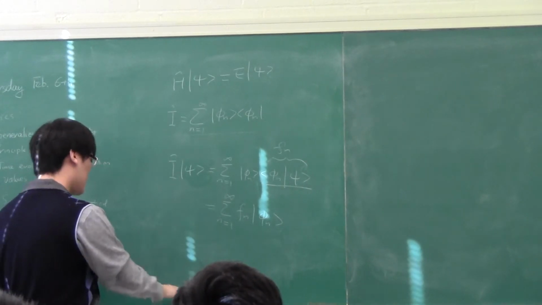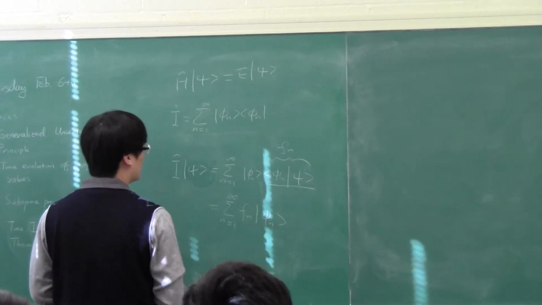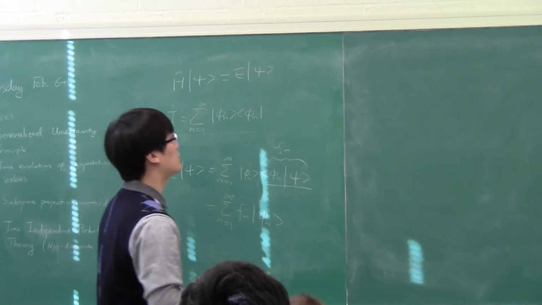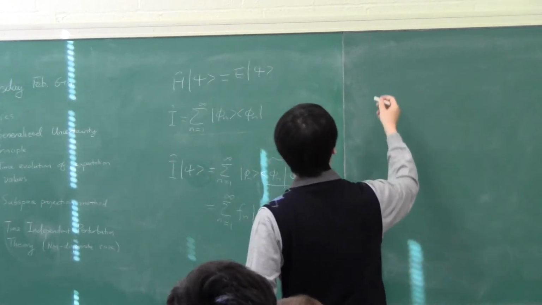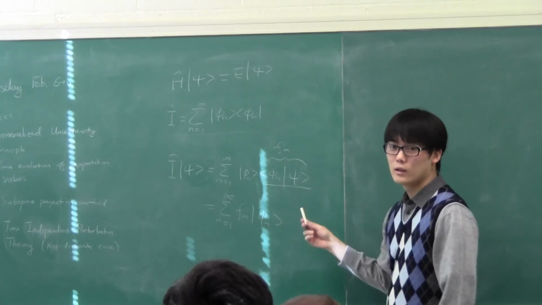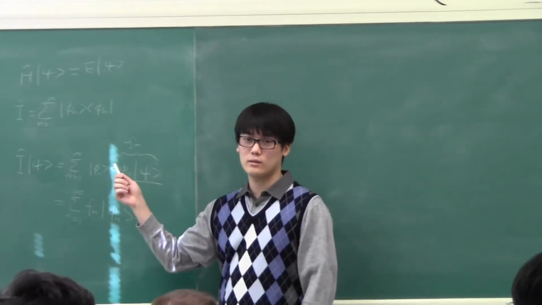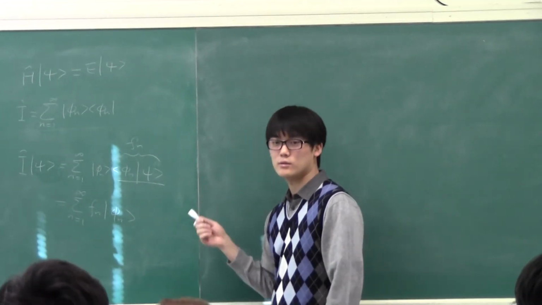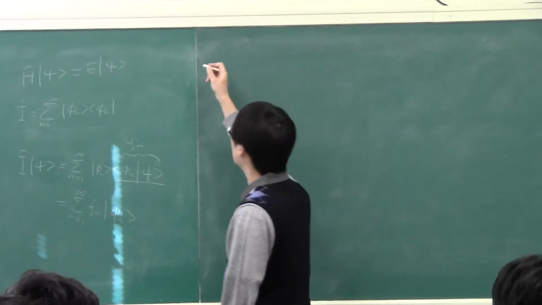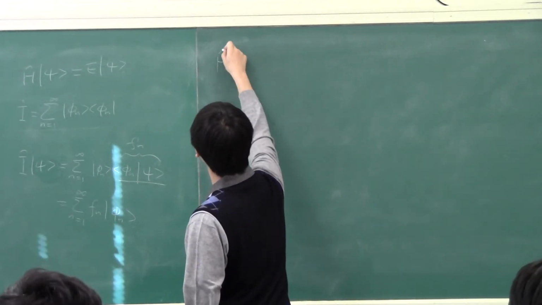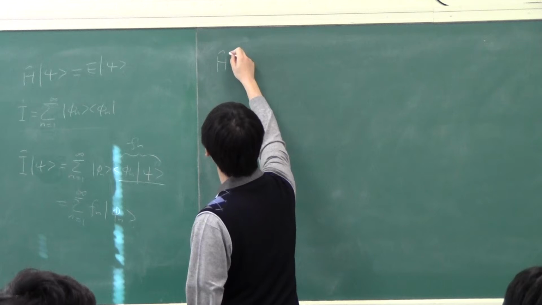Insertion of the identity operator is an extremely powerful method, and you will use it more and more in quantum mechanics. You need Taylor series, and you need to know how to do this. That can take you pretty far. So let's go ahead and insert the identity operator.